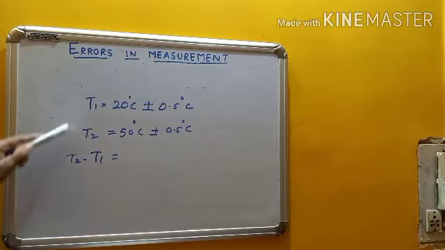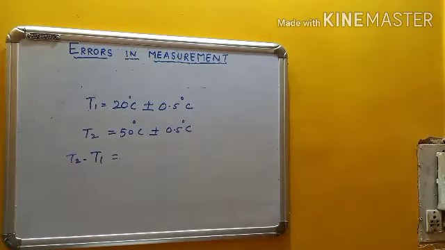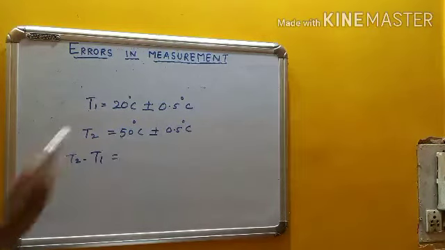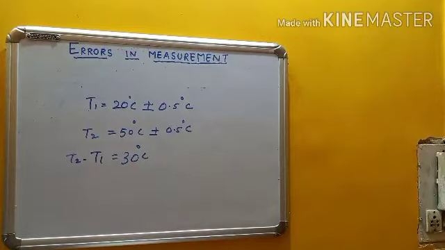So temperature difference, this is a subtraction. So as per the formula T2 minus T1, true value we have to subtract. The true value is 50 minus 20, that is 30 degrees Celsius. So true value we got 30 degrees Celsius. Now plus minus. What should be done with the absolute errors? In the formula we have studied, when you subtract two quantities, to find out the maximum possible error, we have to add the absolute errors of the individual measured quantity.